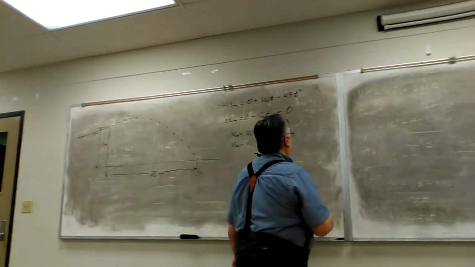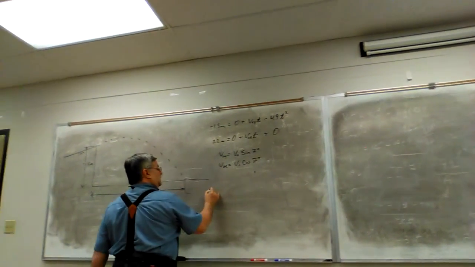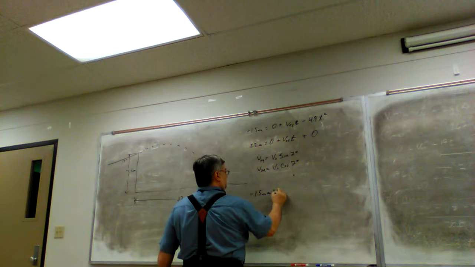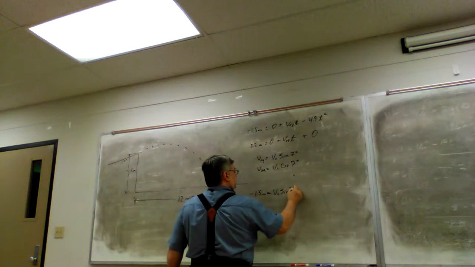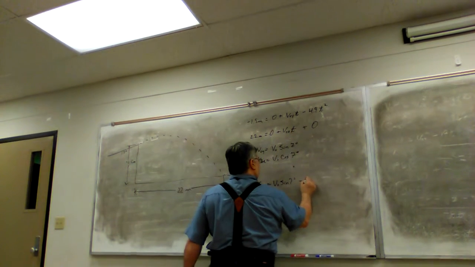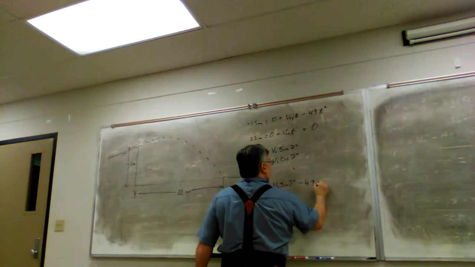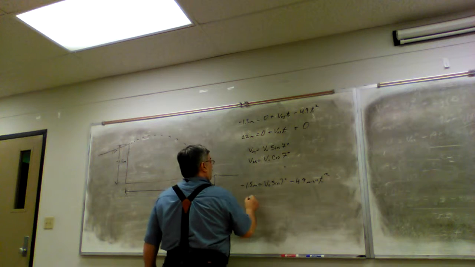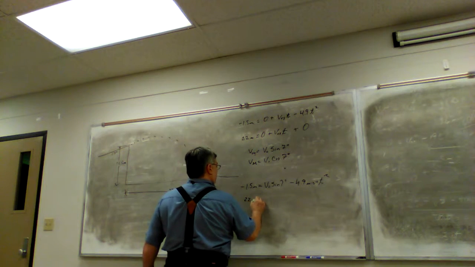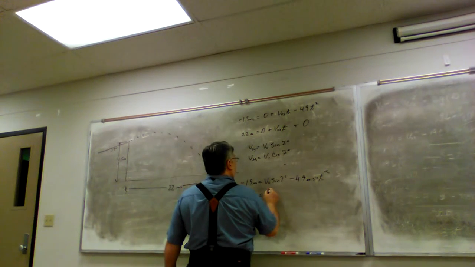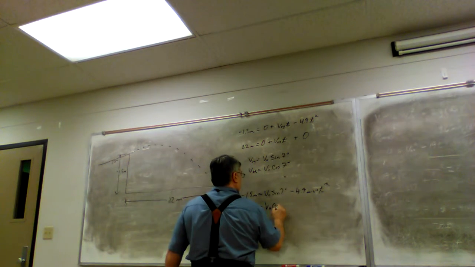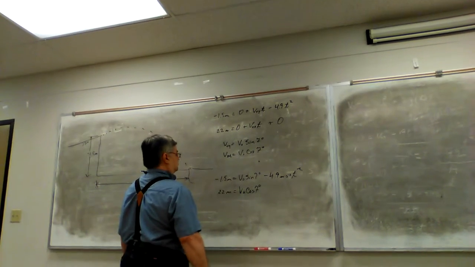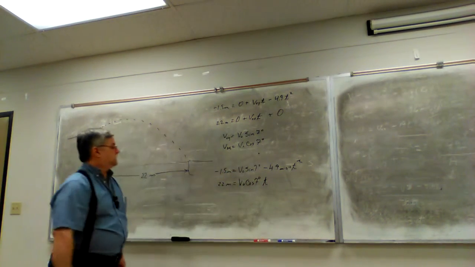So we can rewrite these equations as minus 1.5 meters equals v sub naught y, which is v sub naught sine of 7 degrees, minus 4.9 meters per second squared times t squared, and 22 meters is equal to v sub naught x, which is v sub naught cosine 7 degrees times t. And that's it.